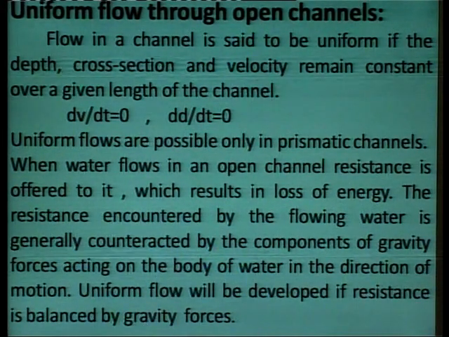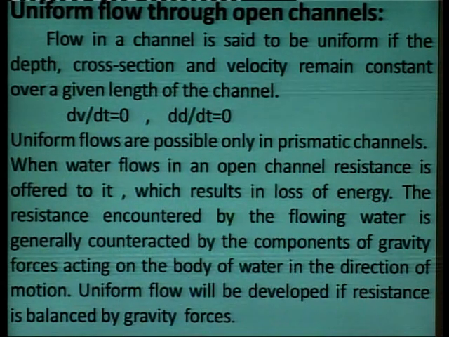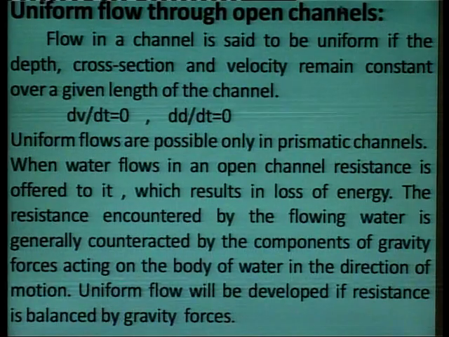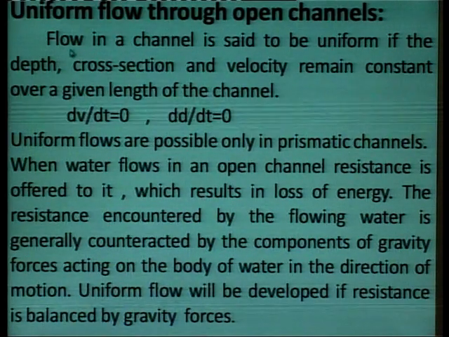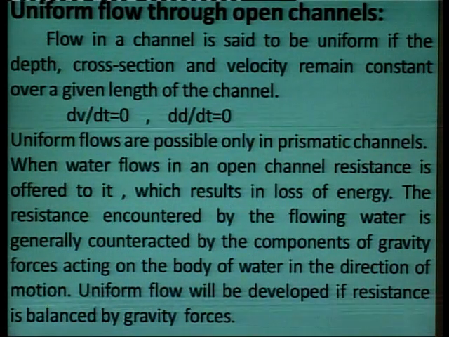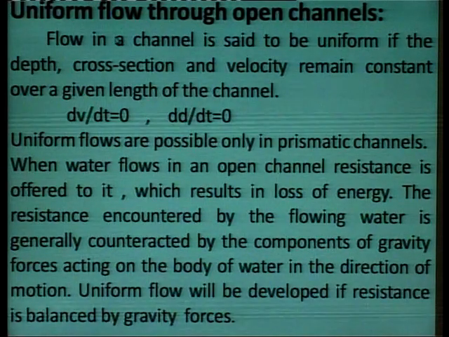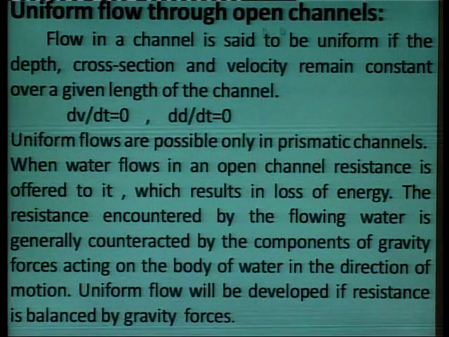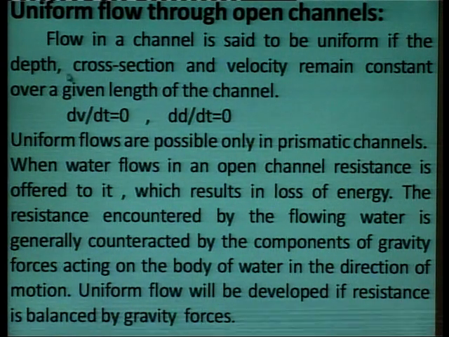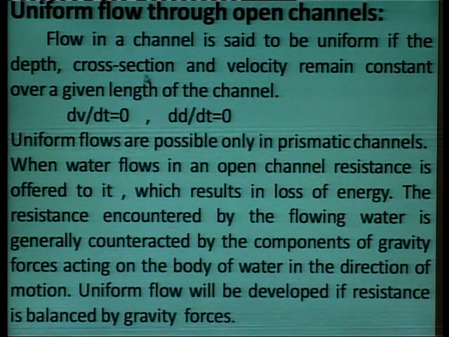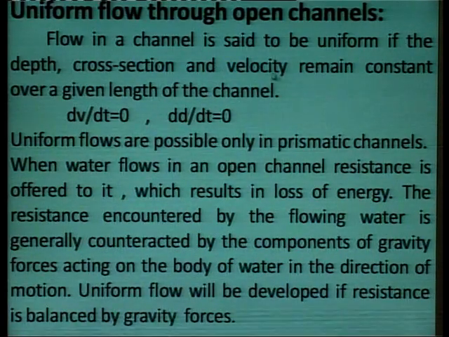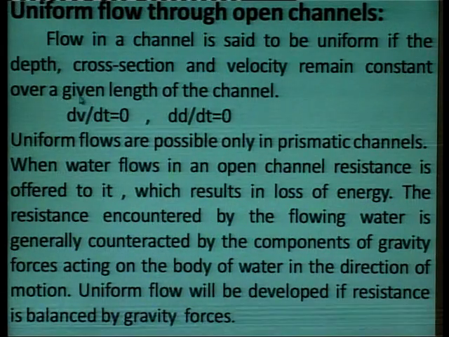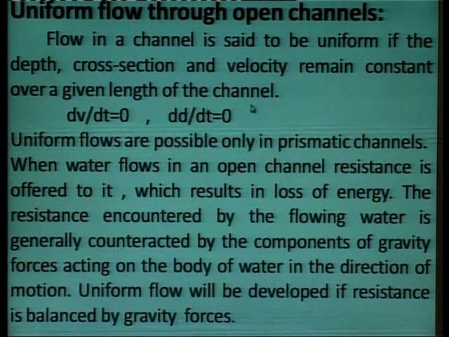Now, let us take uniform flow through an open channel. Under what conditions is the flow uniform? The flow in a channel is said to be uniform if the depth, cross section, and velocity remain constant over a given length of the channel.